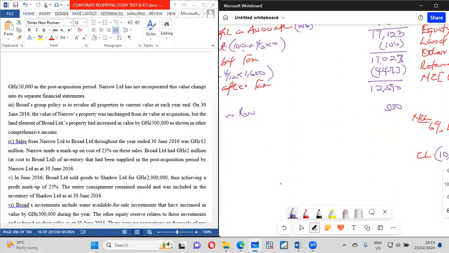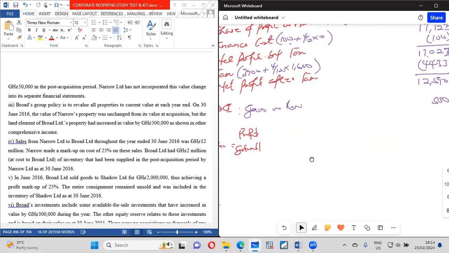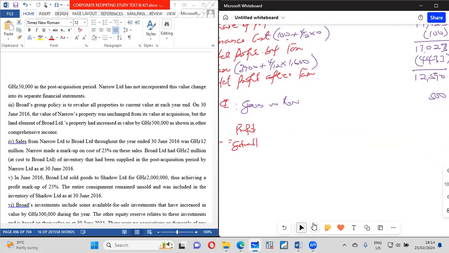Then there was already an existing gain in investment. Fair value of the investment. That one was 300. All right. So here we have 300.